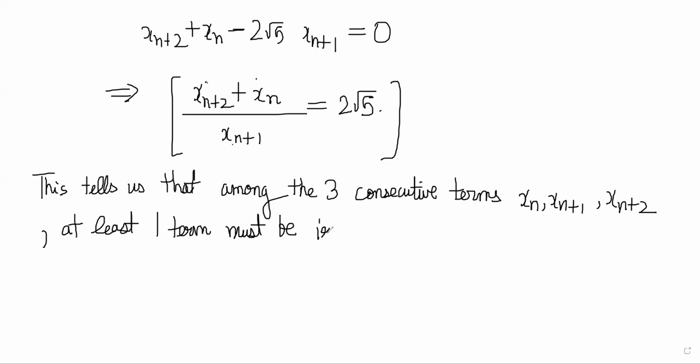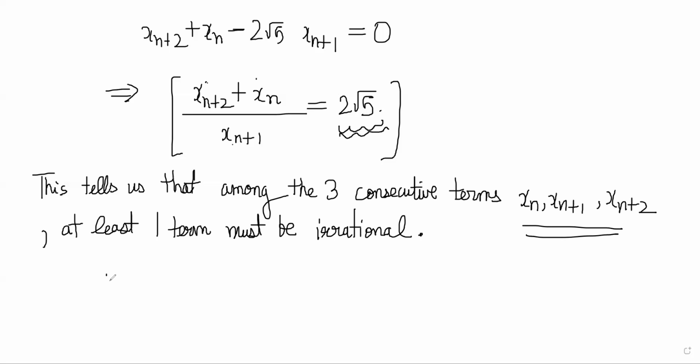Why should it be irrational? Because if all the three terms were rational, the ratio of this can never be irrational, 2 root 5, right? Between any three consecutive terms, at least one of them has to be irrational. So only then can this come out to be 2 root 5, which is irrational, right?